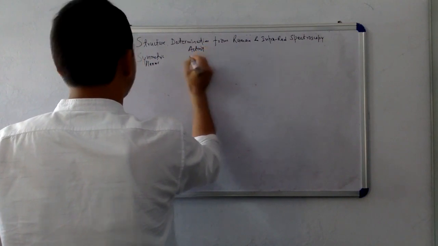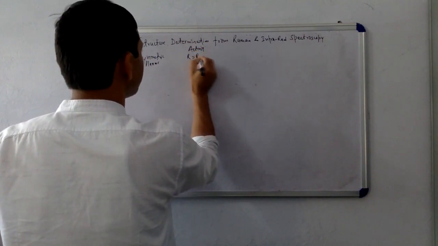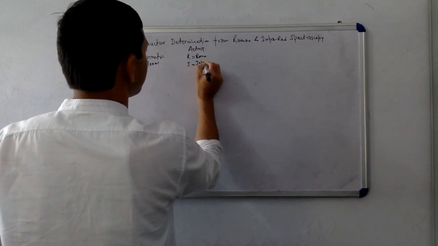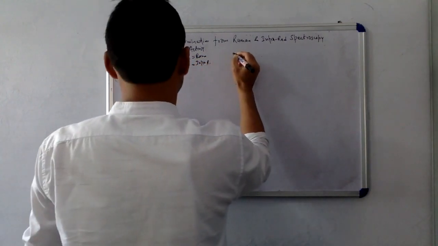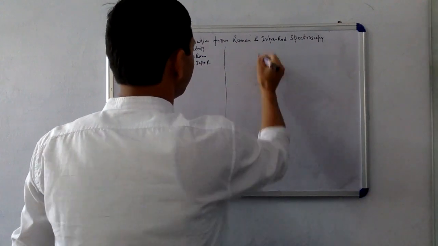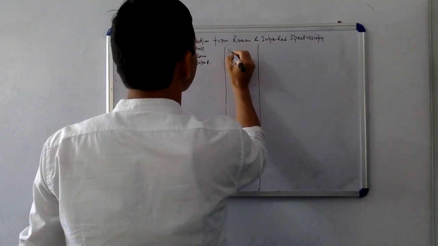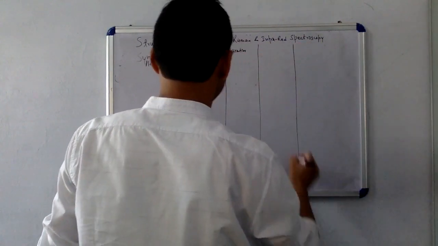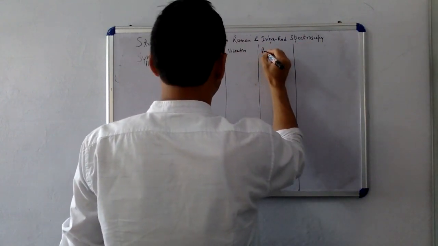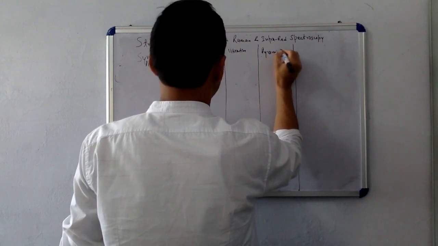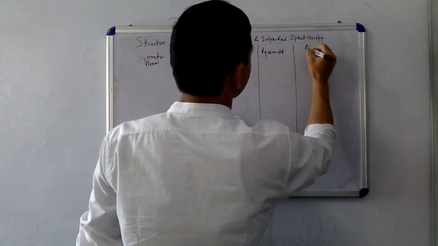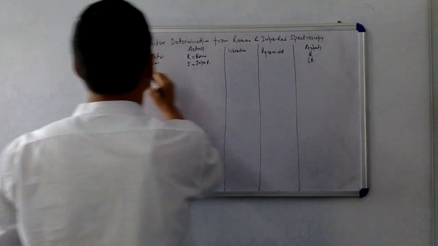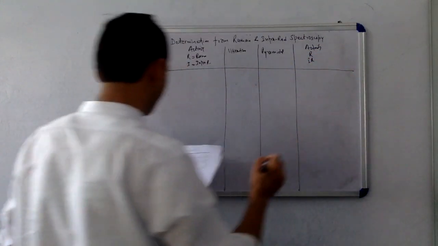This column shows the Raman activity, this one the infrared, then this column shows the vibration, and this column is pyramidal, and this is the Raman and IR activity. We will see all the 4 variations.